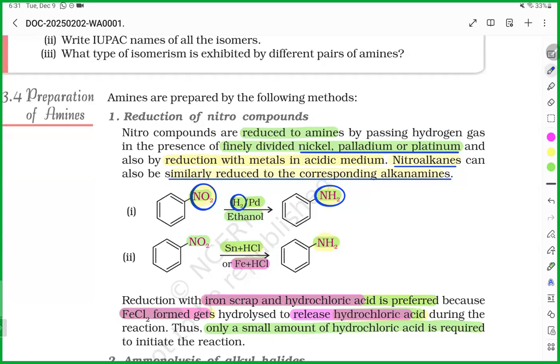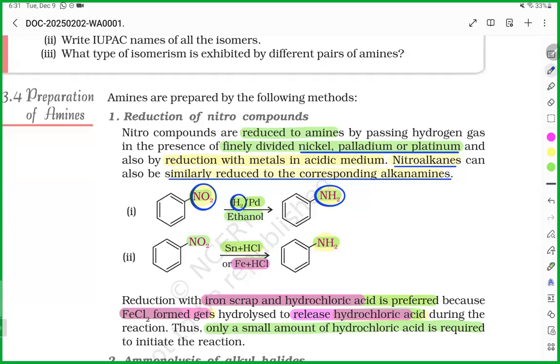And Sarah, if you want to do reduction of aldehyde into alcohol, what reducing agent can you use? Sir, lithium aluminum hydride. Yeah.